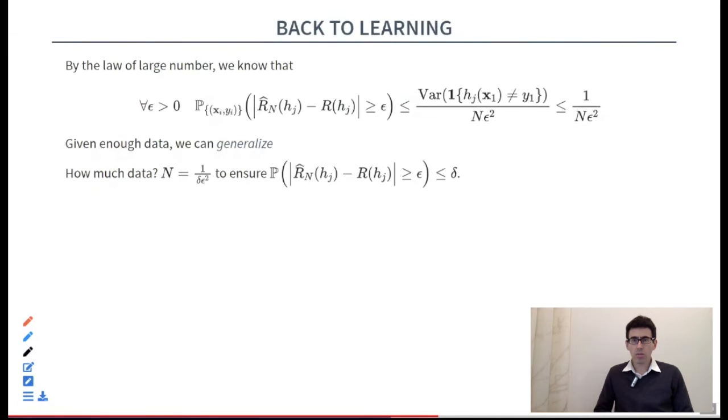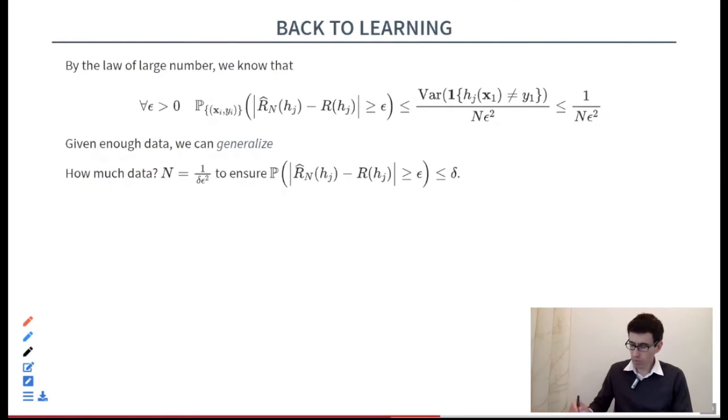So there, to talk about generalization, you need to introduce another parameter. You have to say, well, this is a probabilistic statement that I'm trying to make. So let me ask that the probability that the empirical risk be away from the true risk in absolute value by more than epsilon be less than delta.